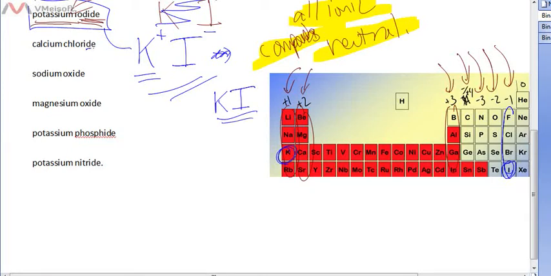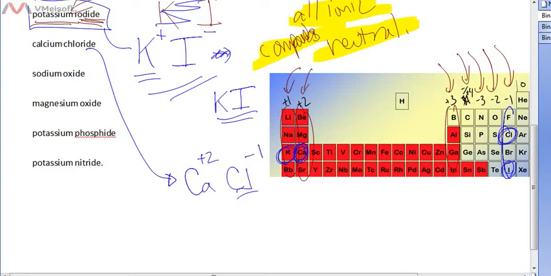Now let's take a look at a different example. Calcium and chlorine. What charge does calcium tend to gain when it's in an ionic compound? +2. How did you know that, Mr. Gorin? Because it's right there. It's in group 2, which tends to gain a +2 charge. What about the chloride part? It tends to gain a -1 charge. Uh-oh.